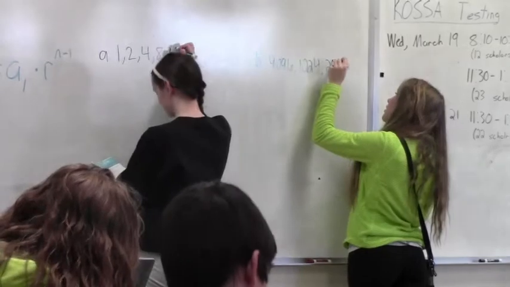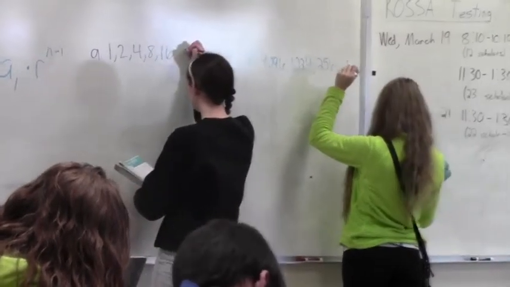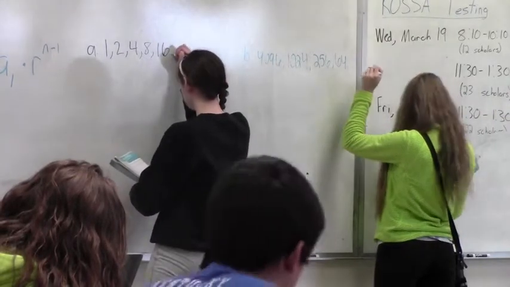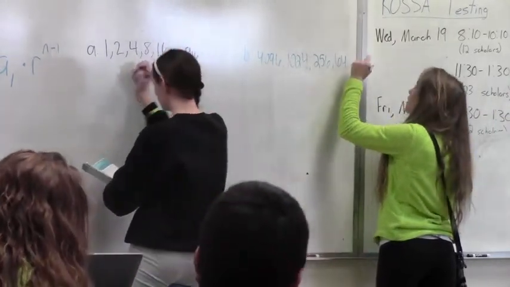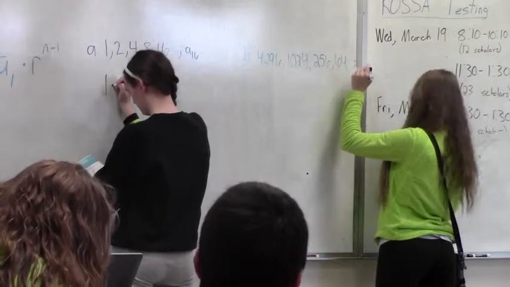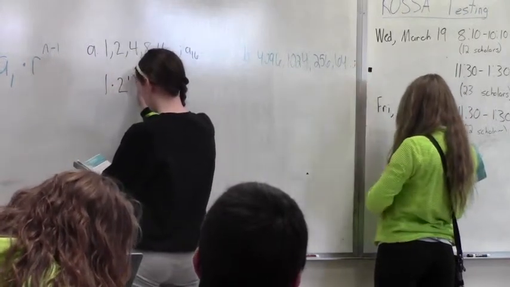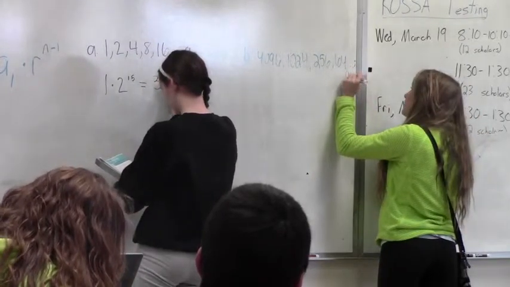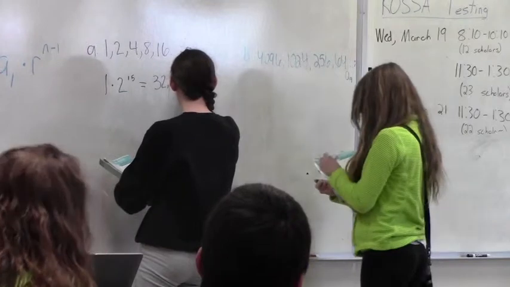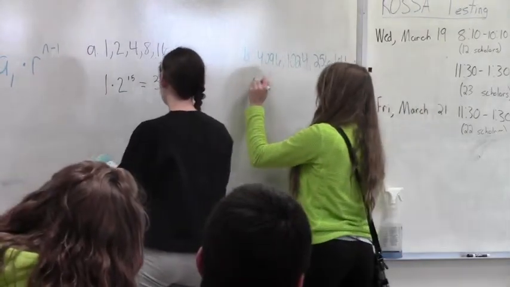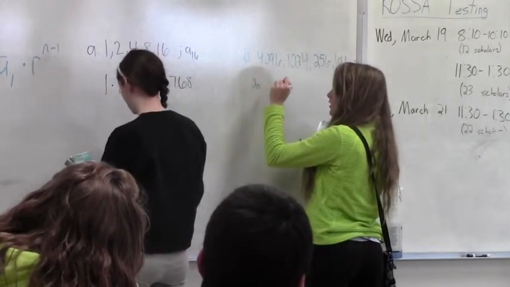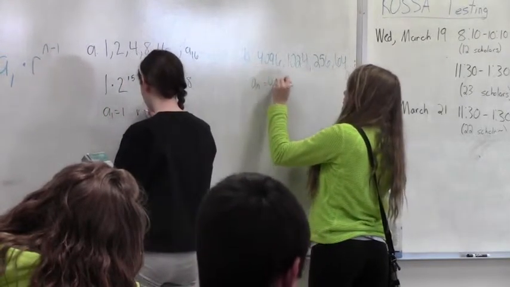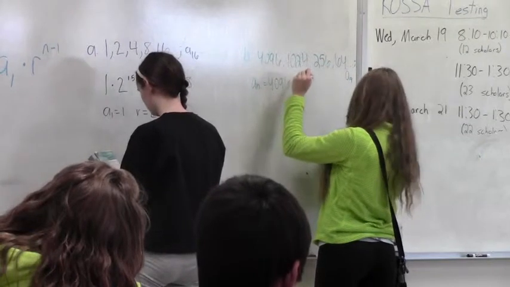So let's take some one. In this case, we have just 1, so we need to start with 1. Hold on, stay with me. So we're at A sub 16, that's what it's asking you to find. One, because that's what A sub 1 is. Times, and then you were just describing the common ratio.